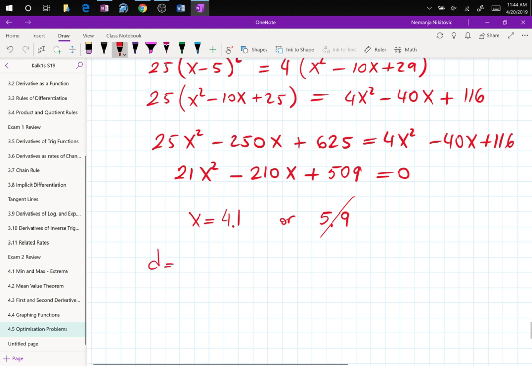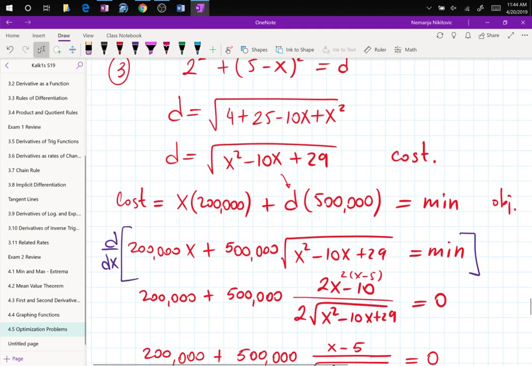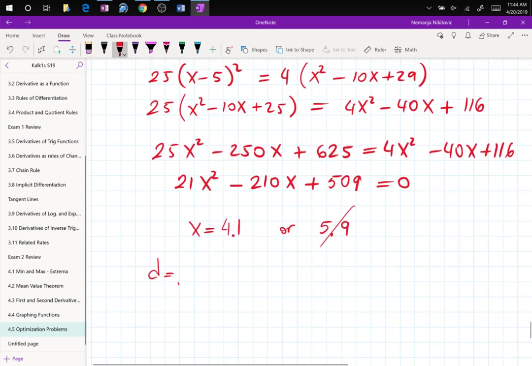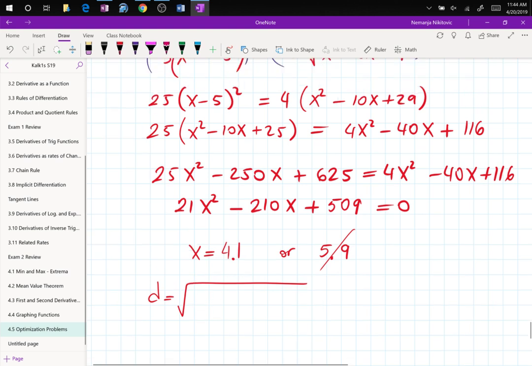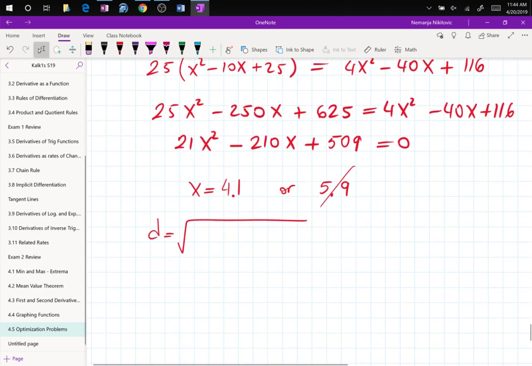So what's d? Well, d you have to go and compute. You have the formula for d. It's the square root of this quadratic. So the square root of 4.1 squared minus 10 times 4.1 plus 29.